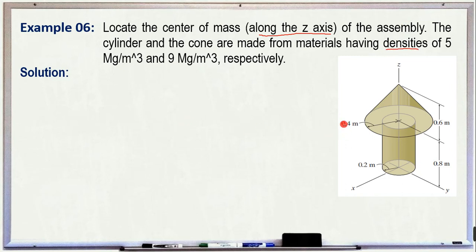Okay, so since this is not comprised only of one kanang simple nga solid object, so ato na siya i-break down. We use addition rule here. So this composite object can be broken down into a cylinder.